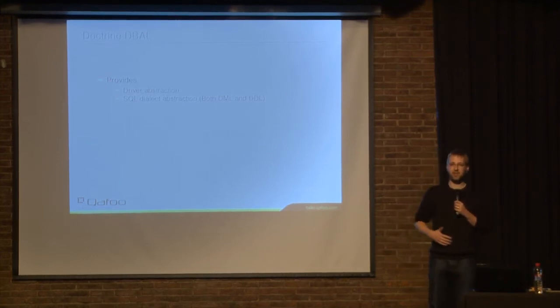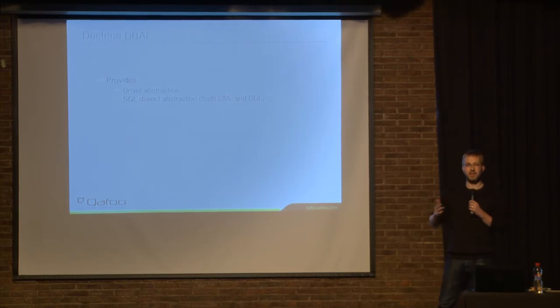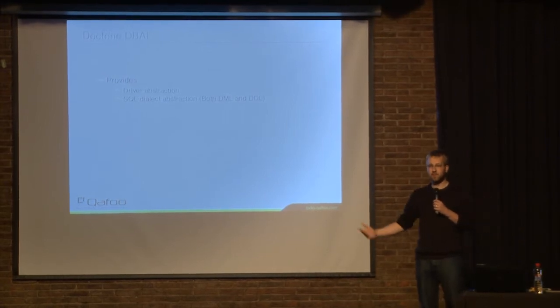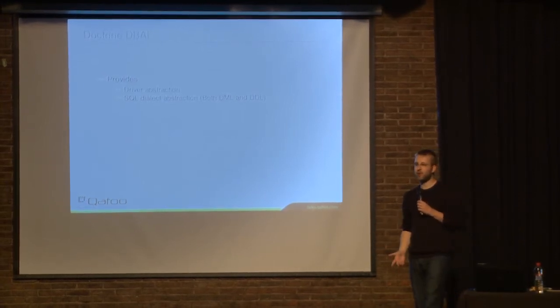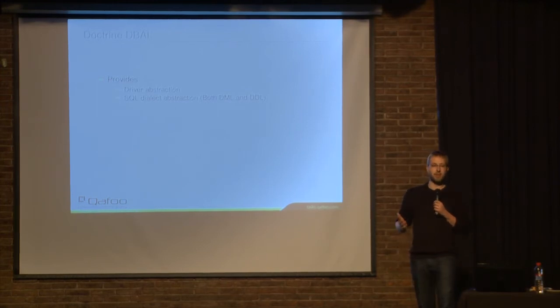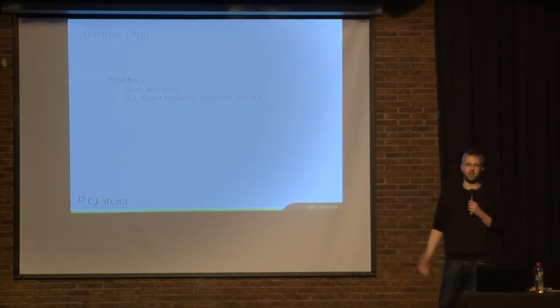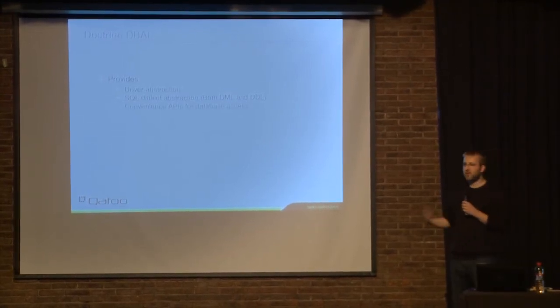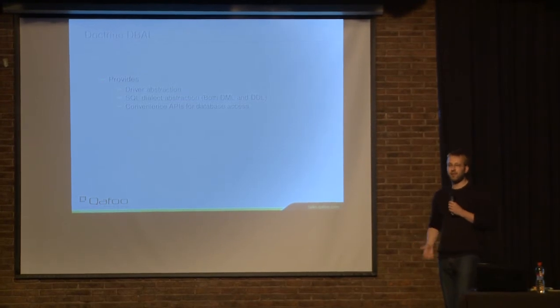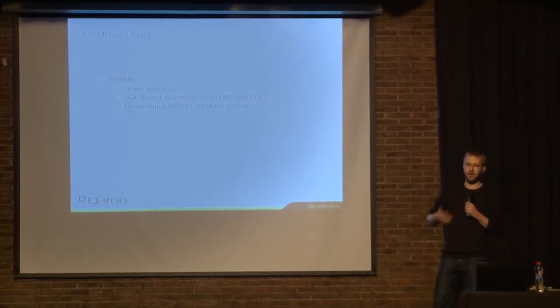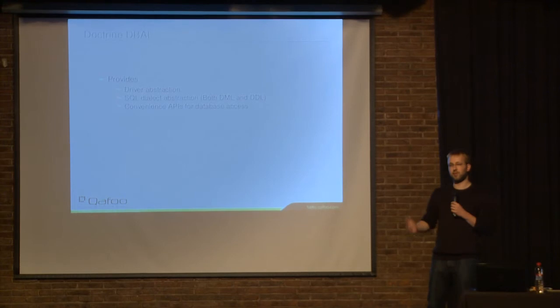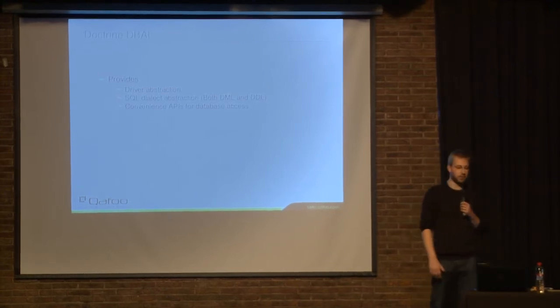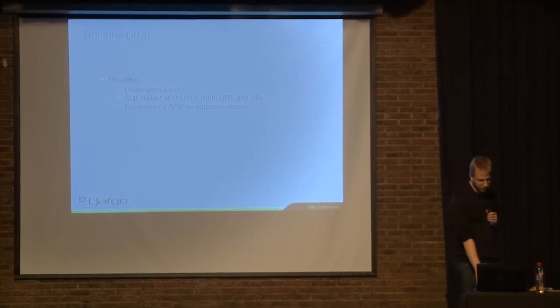Every database vendor implements ANSI SQL and then more, and some features of relational databases are implemented in many different ways in the different databases. Then there are lots of convenience APIs, so instead of writing SQL using big strings, there are APIs that help you use the database in a simpler way.